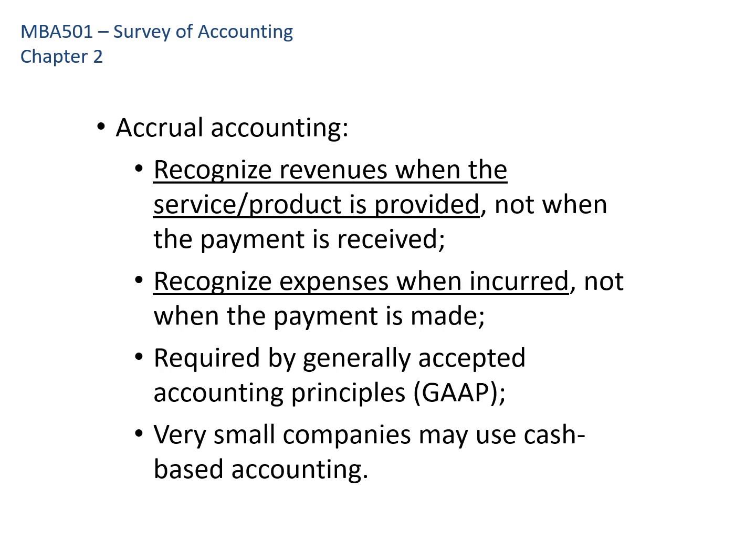So in accrual accounting, the important thing there are the things I've underlined on this slide. We recognize revenue when we provide the service or product to the customer, regardless of when we get paid later. And we recognize expenses when we incur them, meaning when we then owe the money, not when we make the payment later. So accrual accounting is required by generally accepted accounting principles, or GAAP.